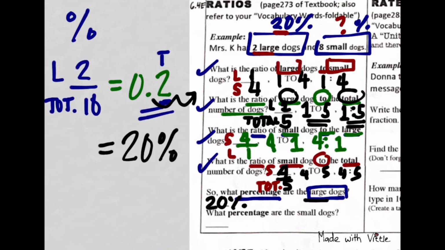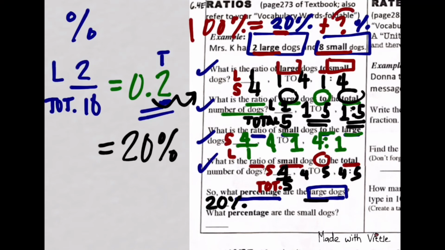Now, you go ahead and try to think of what the percentage is for those 8 small dogs. Now that we know that the 2 large dogs out of the 10 is 20%, if I add that to this missing percent number for 8 small dogs, it will always equal 100%, like your score or your grade.